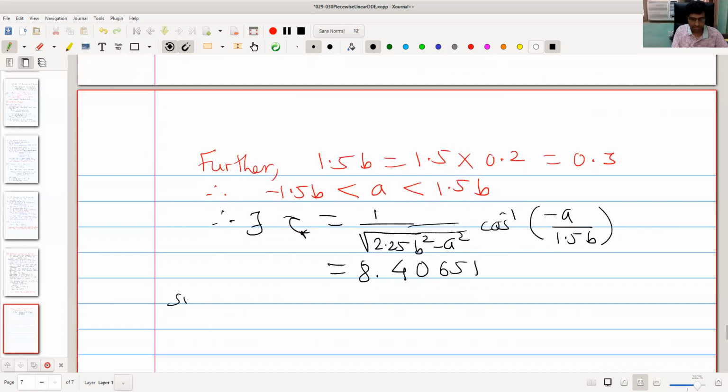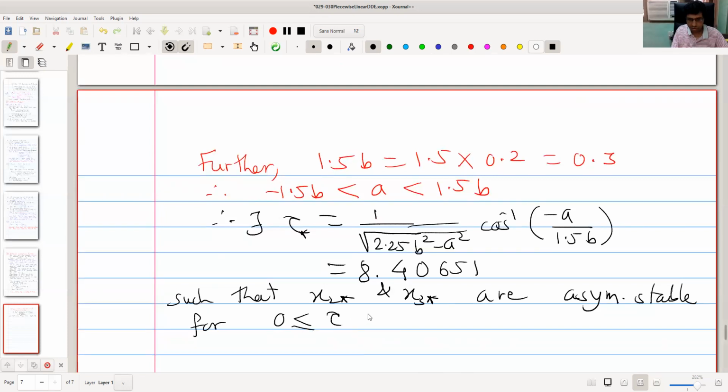Such that x1 star, x2 star and x3 star are asymptotically stable for 0 less than or equal to tau less than tau star, that is 8.40, and unstable for tau greater than tau star.